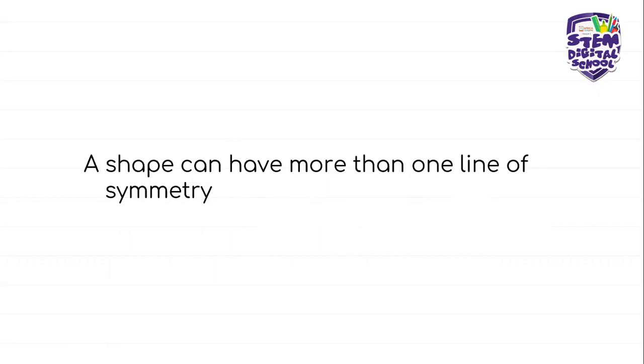So please note that you don't only find one line of symmetry in all the shapes. Some shapes can have more than one line of symmetry, meaning that you can cut the shape, or draw a line in such a way that one half of the shape is the mirror image of the other half.